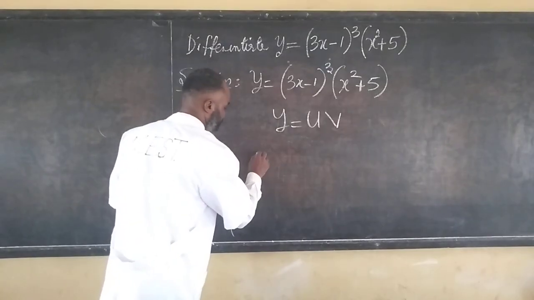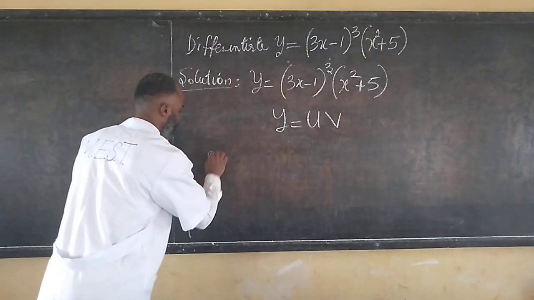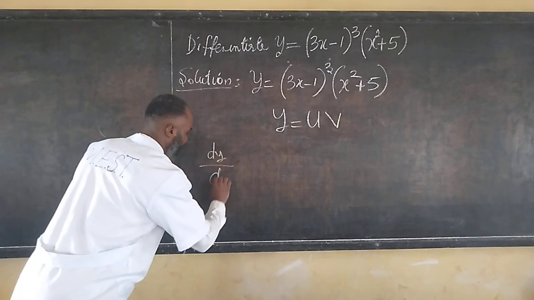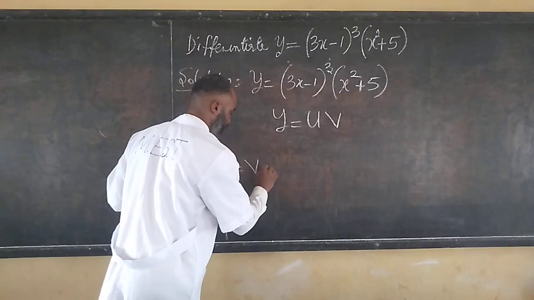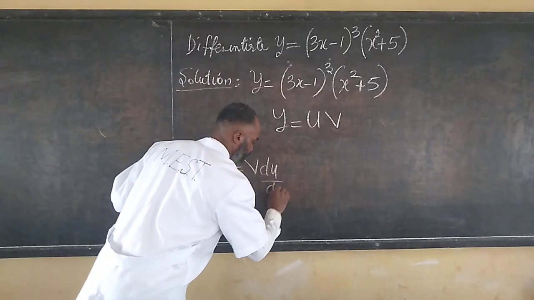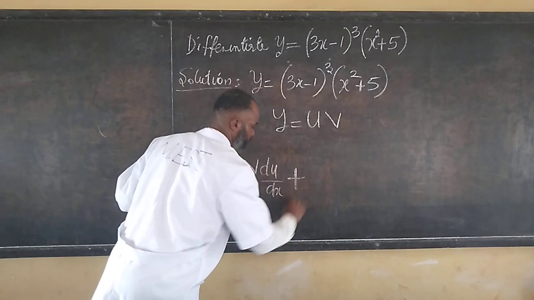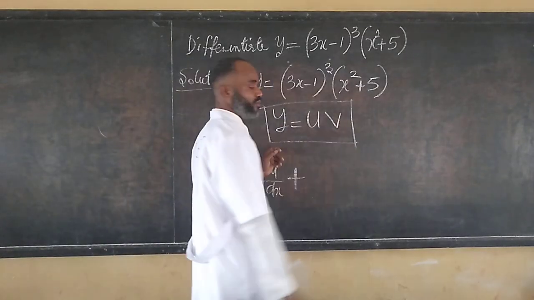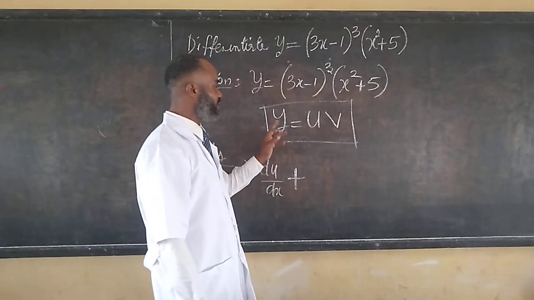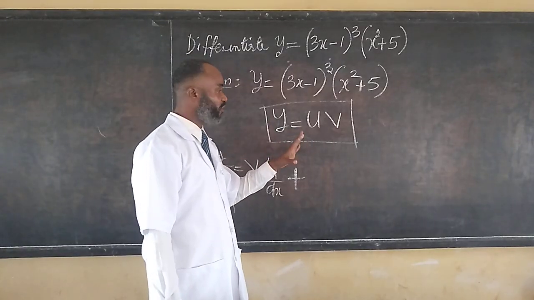So it becomes dy/dx equals, we keep v first, v du/dx plus.